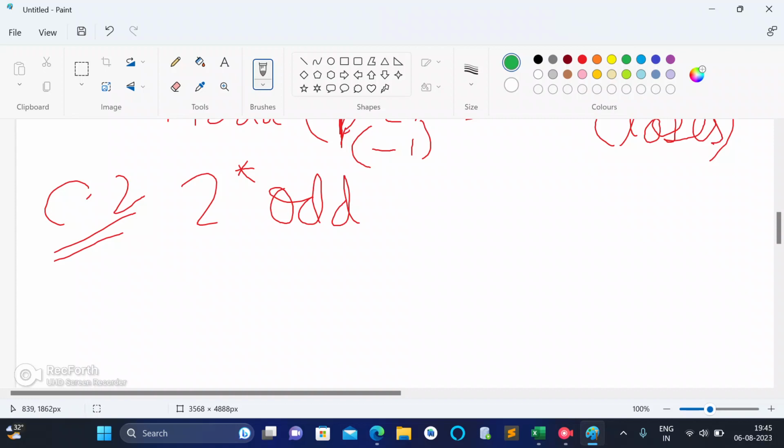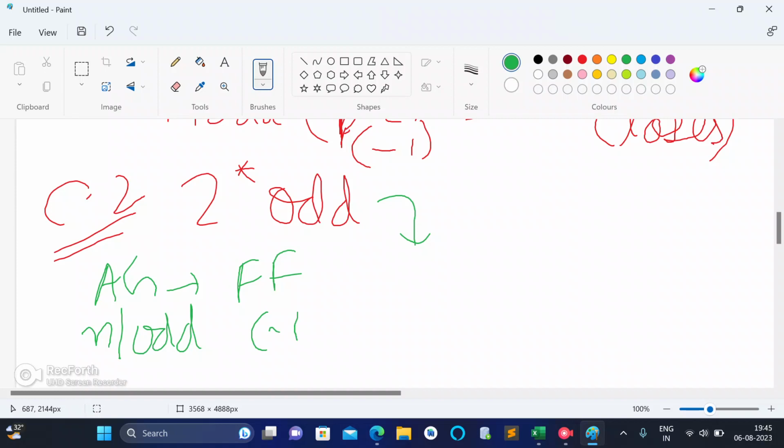Now in case 2 I will tell you the wrong approach, what you will think of, and I will tell you later on why it is wrong. The wrong approach is: Ashish Gupta comes and thinks, okay, the number is even, so let me divide the number by odd. As soon as he divides the number by odd, the fastest finger comes.